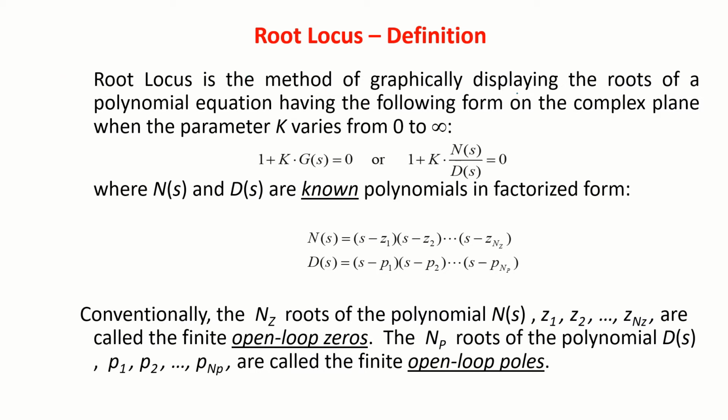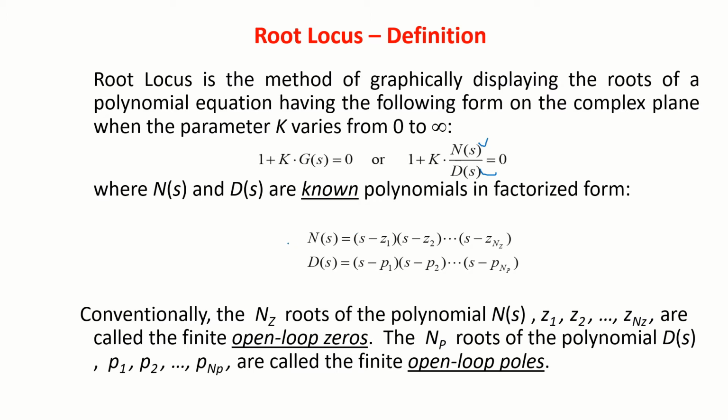So root locus is the method of graphically displaying the roots of a polynomial equation having the following form on the complex plane when the parameter K varies from 0 to infinity. So 1 plus K G of S is equal to 0. Then 1 plus K, this is the numerator, this is the denominator of G of S equal to 0.